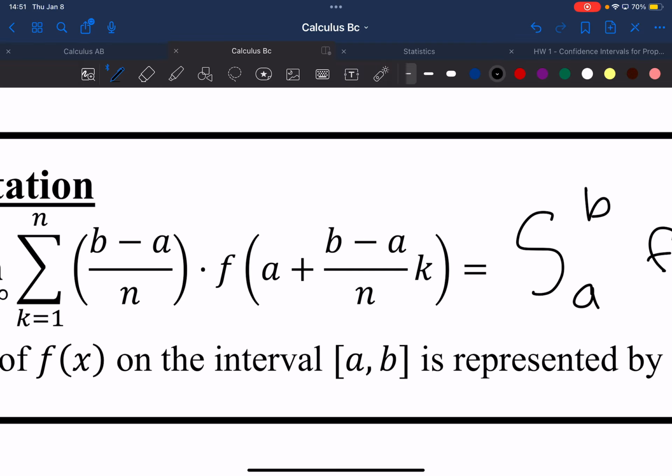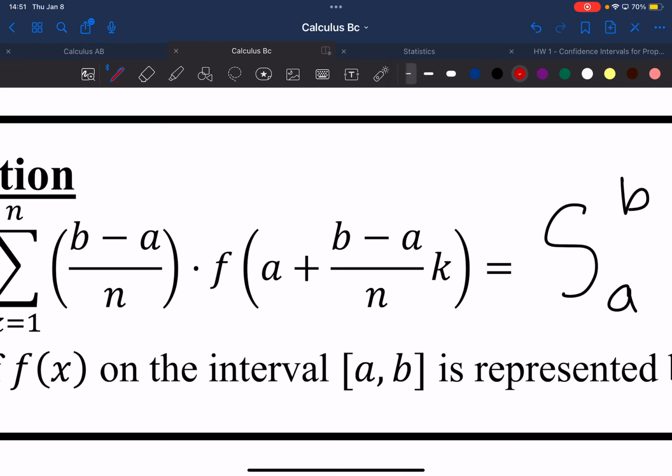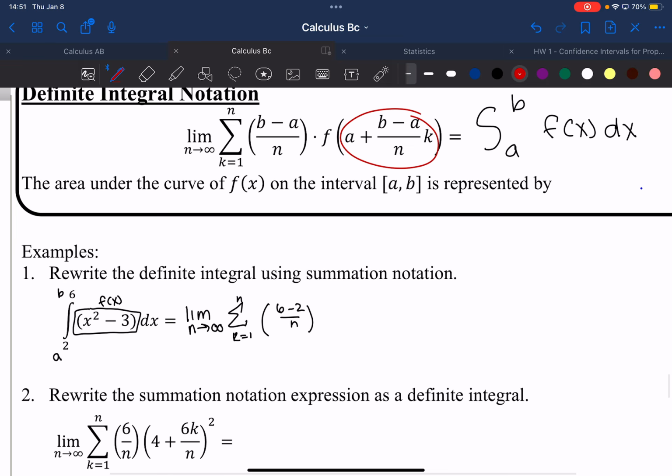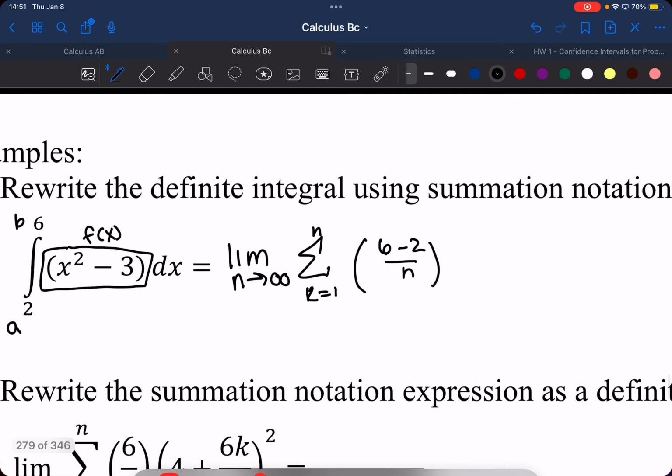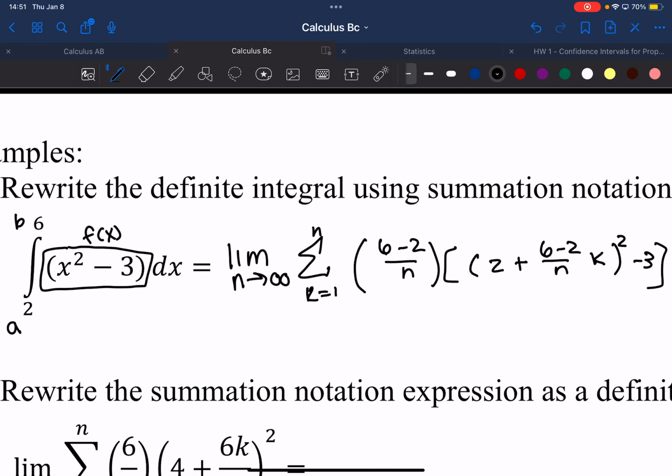So that means we're going to take this entire portion of our equation here and plug it into our function, which we said was x squared minus 3. So this is going to become 2 plus 6 minus 2 over n times k, squared, minus 3.